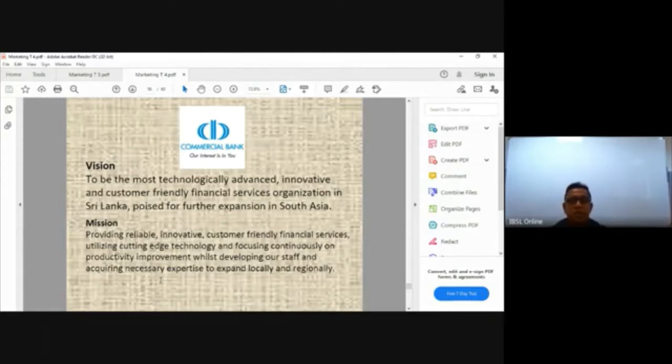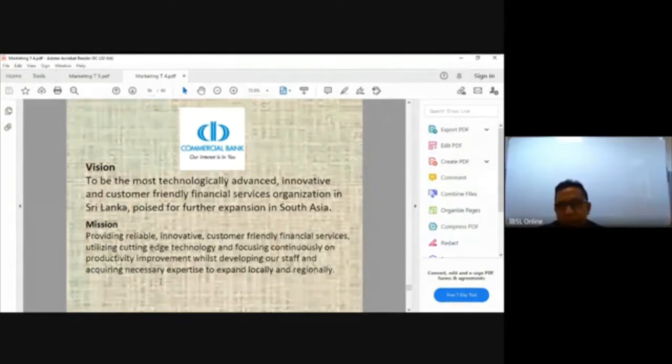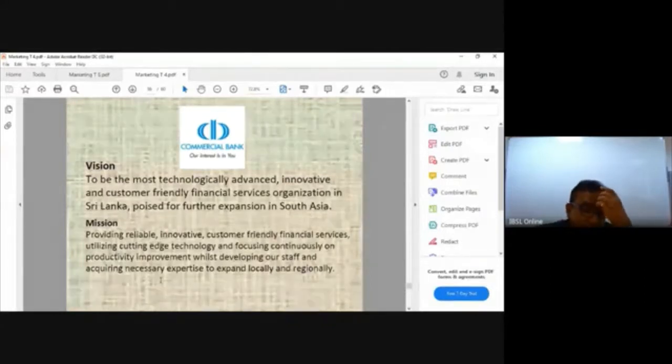So they are talking about regional expansion because they have branches in Maldives, Bangladesh, and I think some other South Asian countries. Commercial Bank is going to be more regional based, not only Sri Lanka. I heard about 12 to 15% of their income coming from outside Sri Lanka, Bangladesh, Maldives, and so on, which is good.